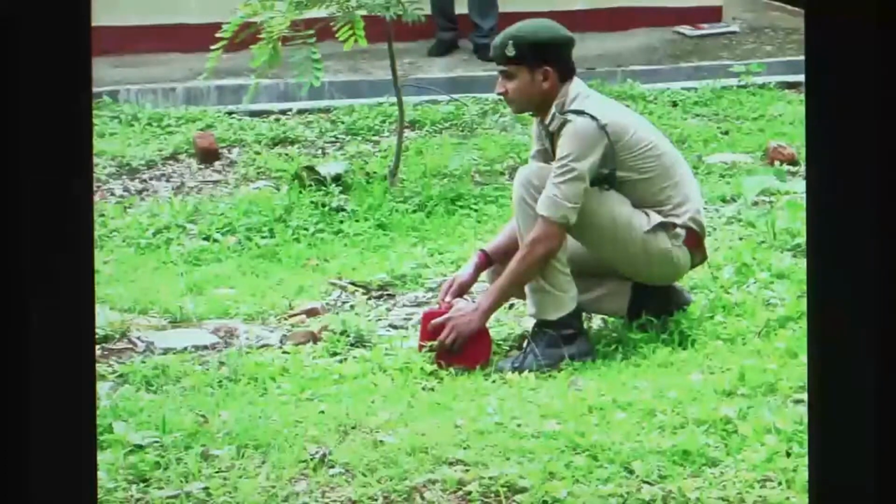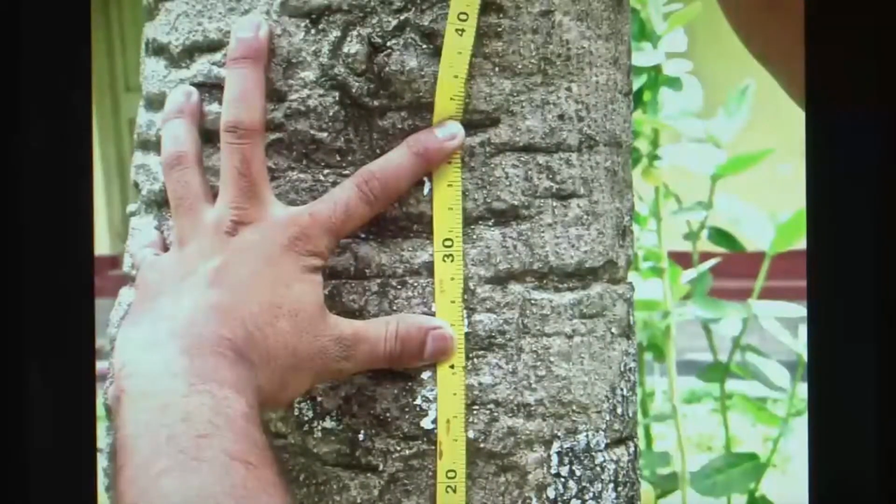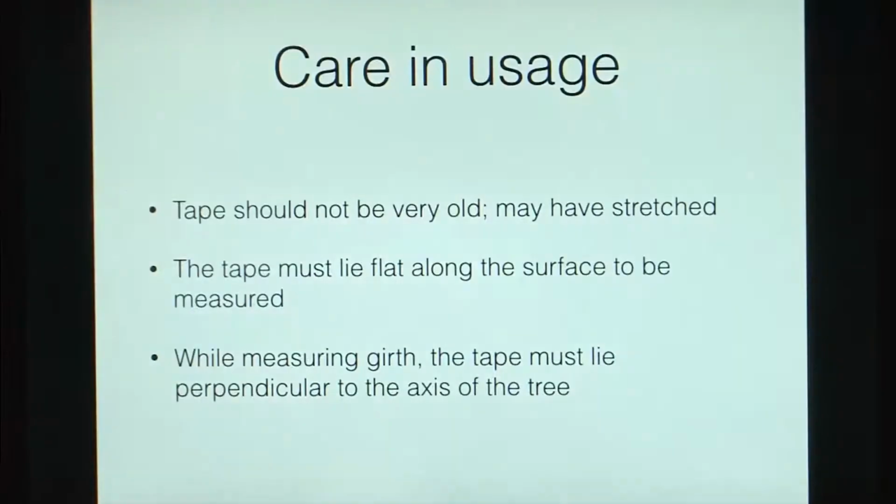So, a tape can be used to measure horizontal distances or vertical distances or the girth. However, there is some care needed in the usage, so it must not be very old, because an old tape might have stretched or its surface might have become frayed, and it must lie flat along the surface. It must be perpendicular to the tree axis.